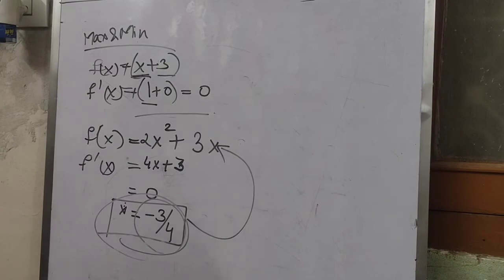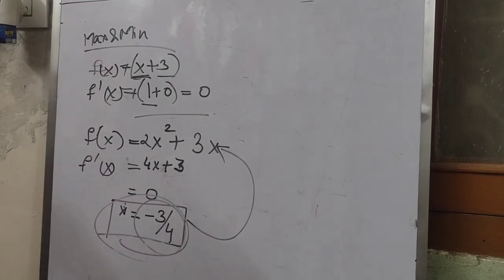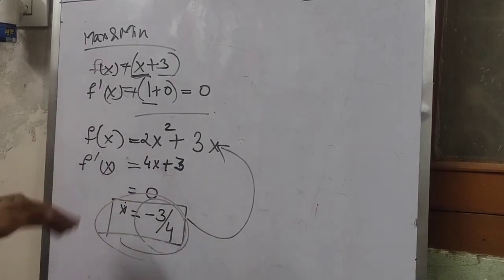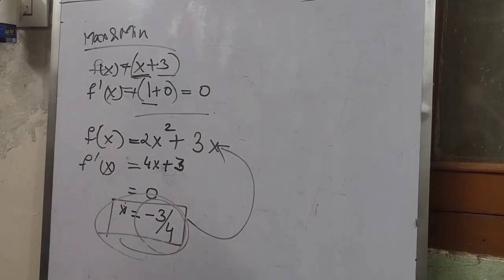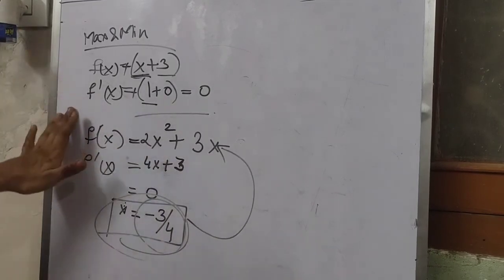Now, when you are going towards global maxima and global minima versus local maxima and local minima, what is the main difference? Under global maxima and minima, your answer is beyond the range described to you.